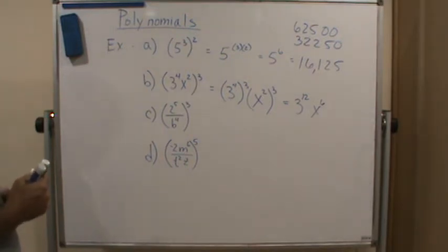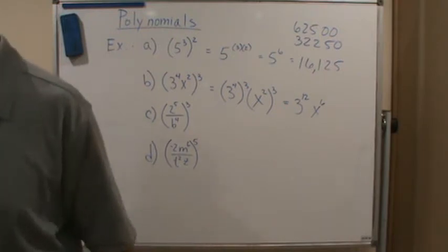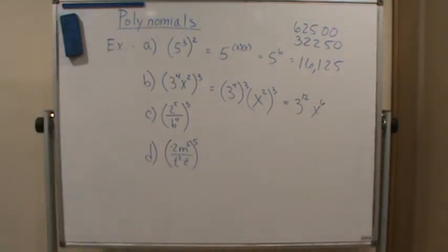So that's going to be 3 to the 6th. So 729 squared. That one I don't know off the top of my head. Big number.